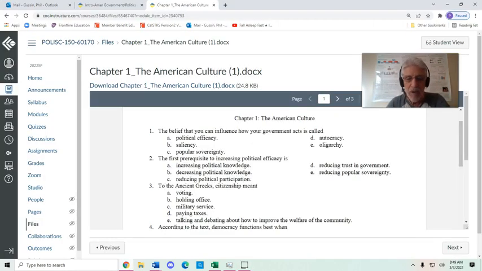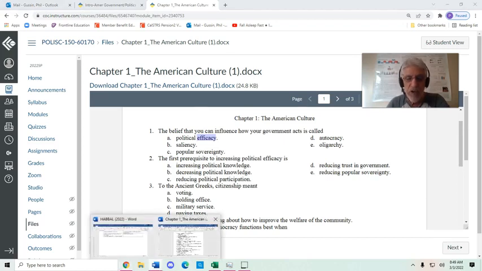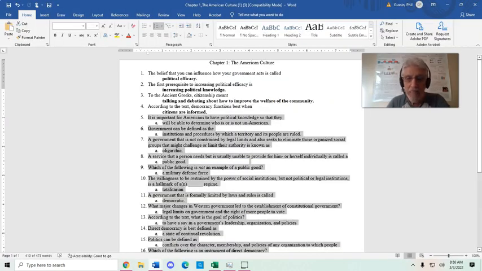It says the belief that you can influence how your government acts is called, and there are these options. The correct answer is political efficacy, right? So what this student would do is she would highlight political efficacy, and then she would delete all of the other answers. Why keep looking at a wrong answer?